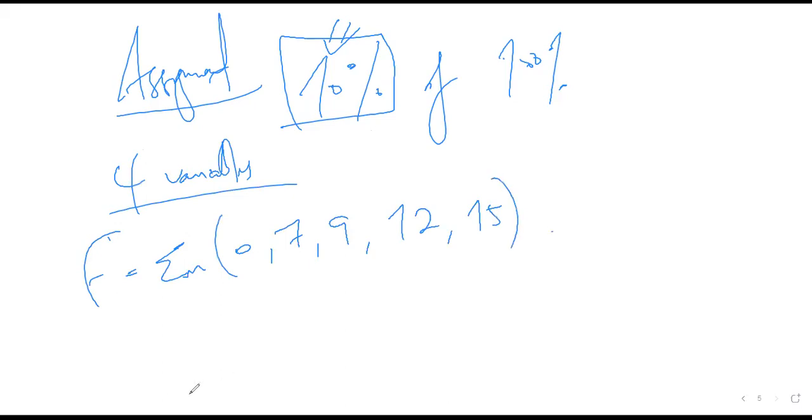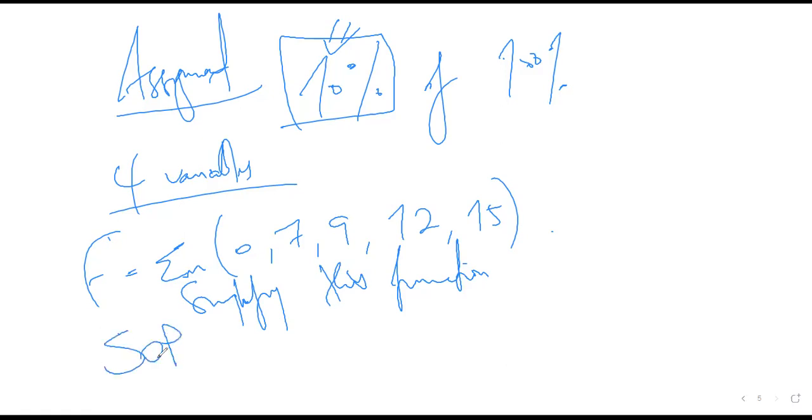I need you to simplify this function, the best way you know how. Boolean algebra, Karnaugh maps. I need you to simplify this using, obviously, SOP. Right, that is your assignment.